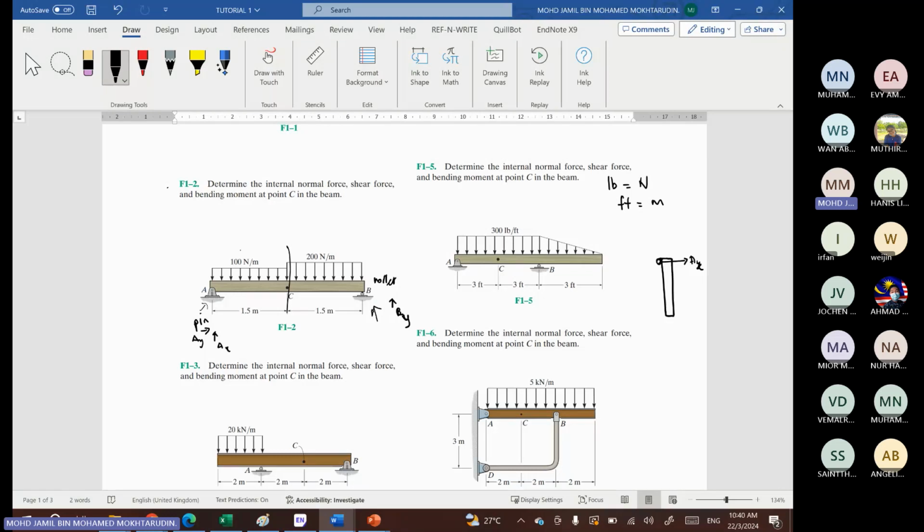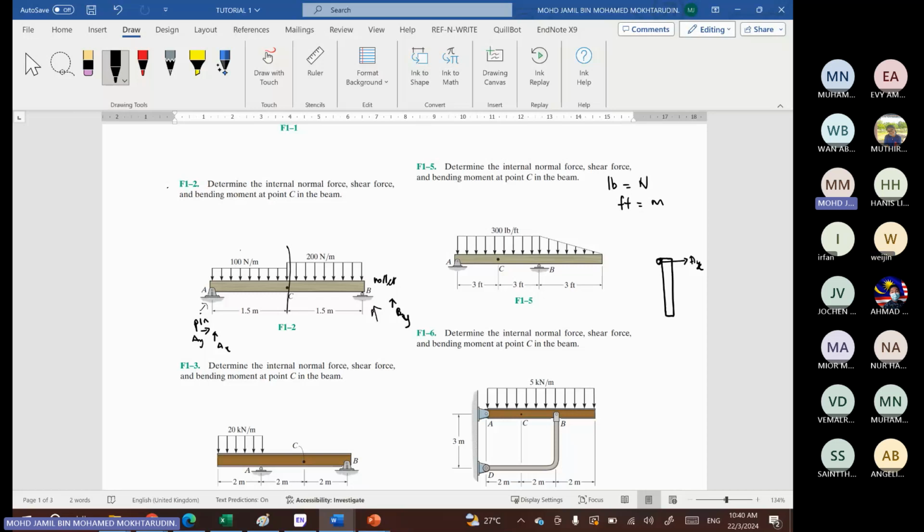Okay, so question number 5. Determine the internal normal force, shear force and bending moment at point C in the beam. So here kita replace pound jadi Newton, feet jadi meter. Okay, because in your test and exam, I will give in Newton and meter lah. I will not give in pound and feet or any other weird metric system.